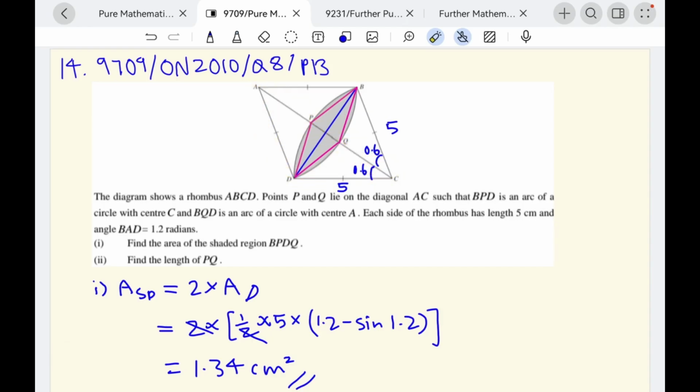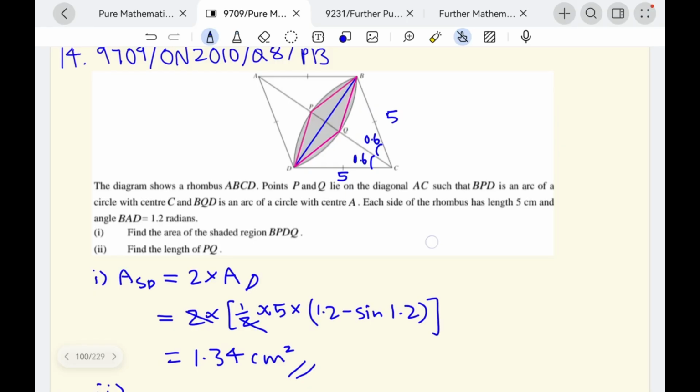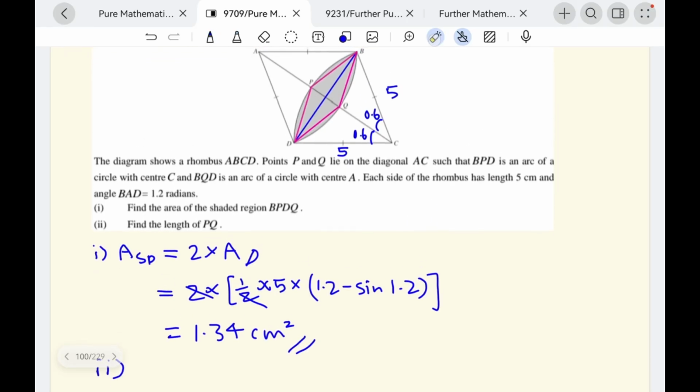As you can see, it is an isosceles triangle, because an isosceles triangle has two sides that are the same in length, following its property. Which means that this obtuse angle is pi minus 1.2. Why 1.2? Because pi is 180 degrees minus the sum of these two angles.